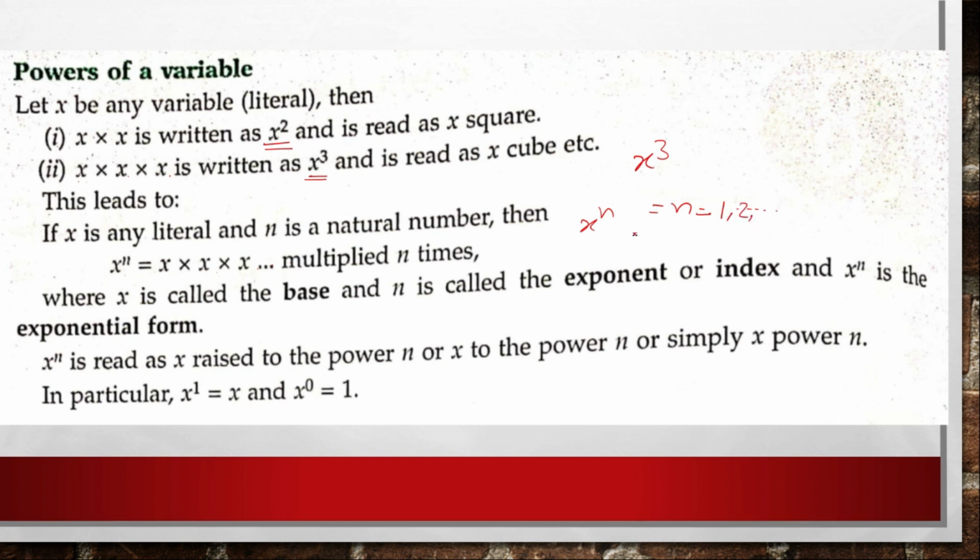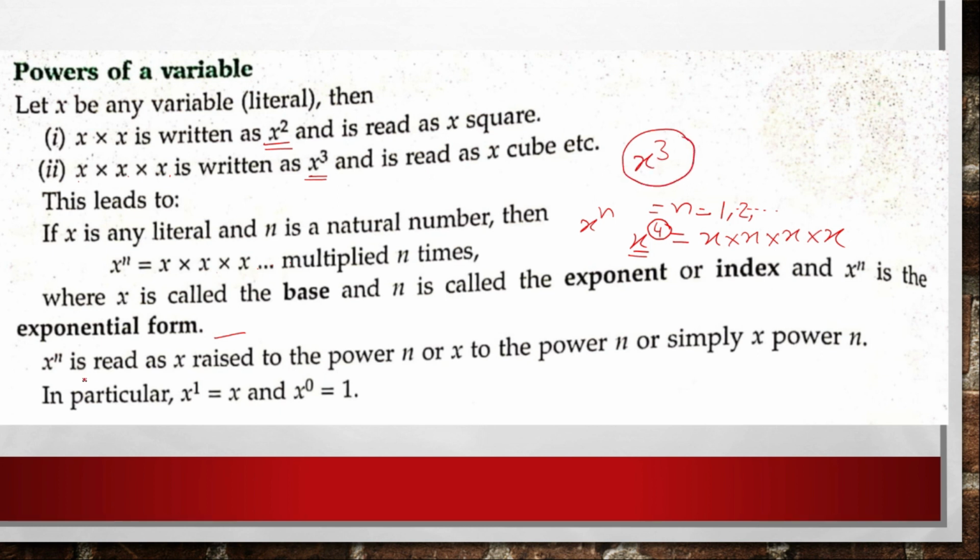So if I write x to the power 4, then we can write x into x into x into x. It denotes that x is multiplied 4 times. Here x is called the base and the power is known as the exponent or index. This form, x to the power n, is called exponential form.